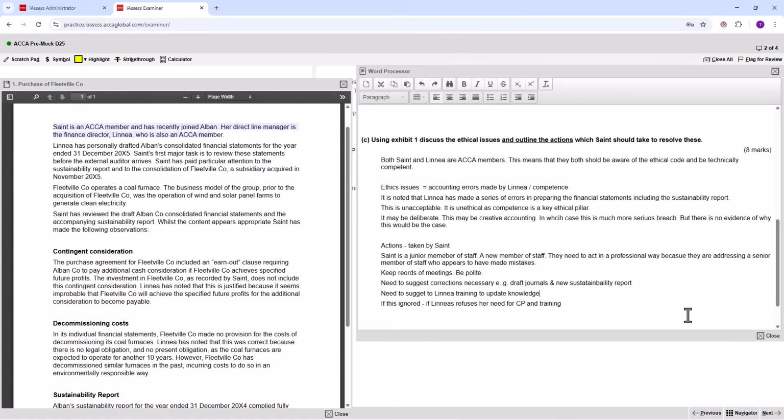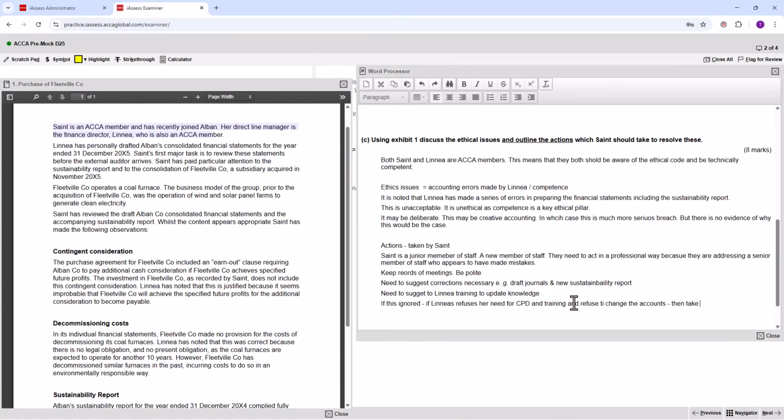Now, if that's ignored and she refuses her need for CPD, continuing professional development, and refuses to change the accounts, then you've got a real dilemma. Then you've got a proper ethical dilemma. Then we need to pause. Then we need to think.